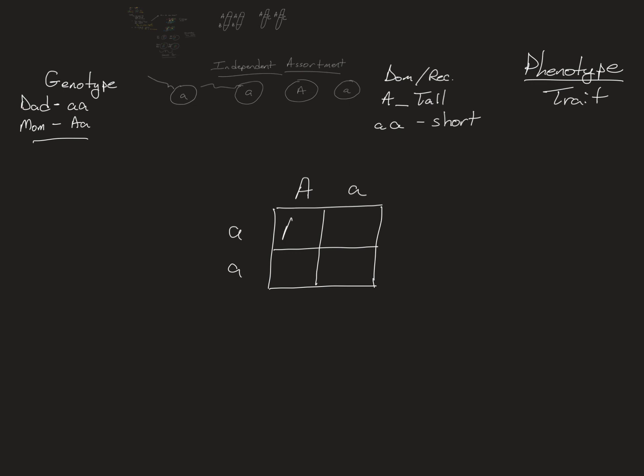We can make big A, little a. We can make little a, little a. We can make big A, little a, and little a, little a. So actually, we can only make 2 different kinds, can't we? What are the 2 kinds? Big A, little a. So it's either 50% tall and 50% short.